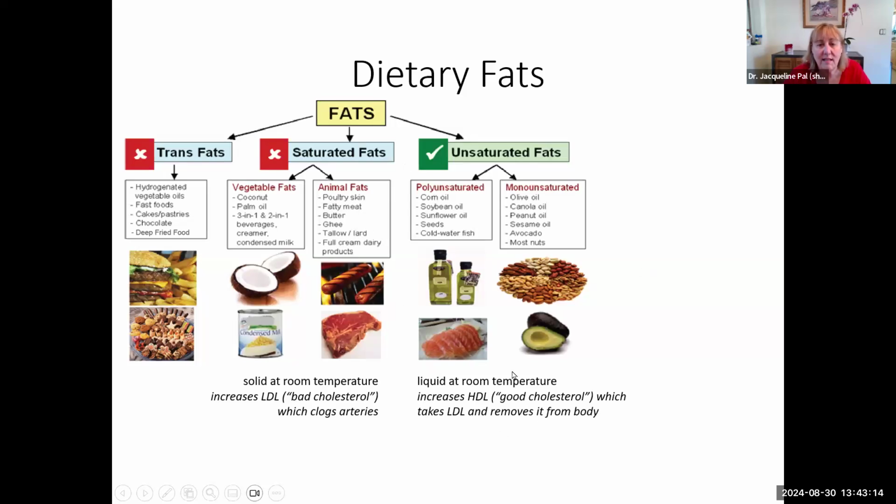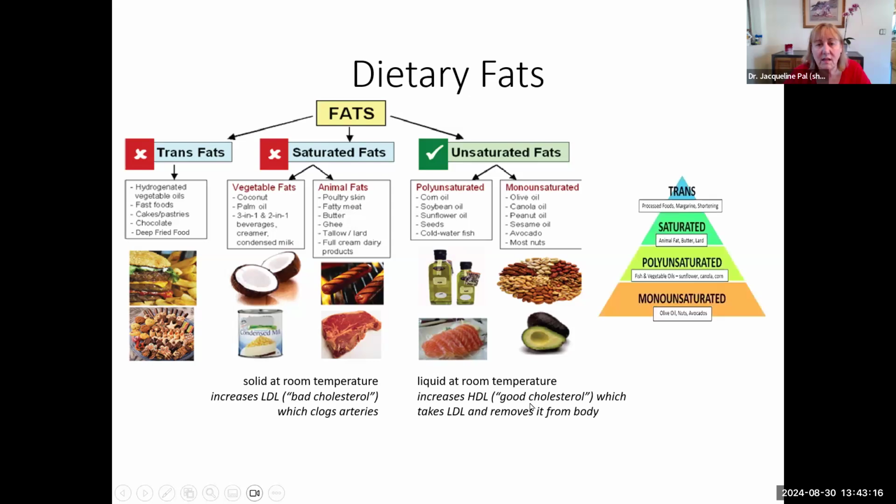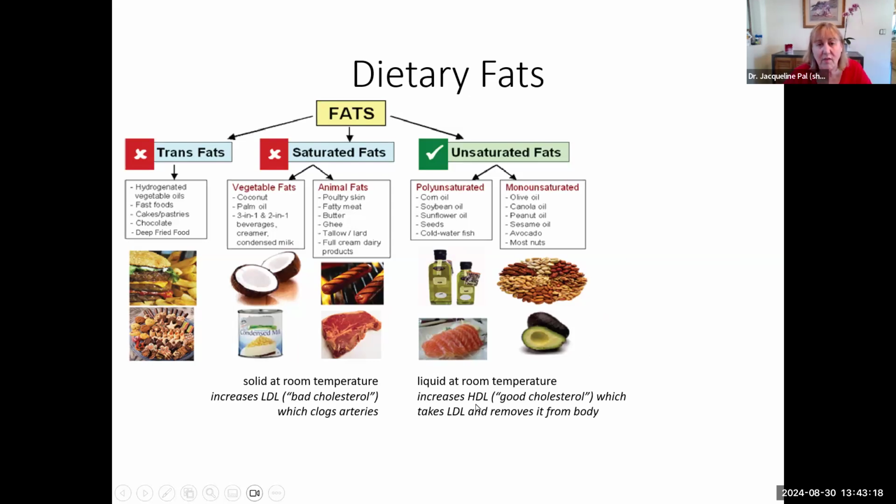So remember, unsaturated fats are all going to be liquid at room temperature. The reason they're good for you is that they increase your good cholesterol, which takes bad cholesterol out of your blood and removes it from your body.